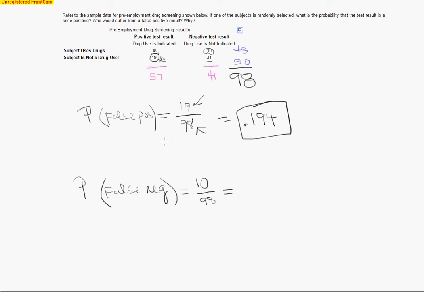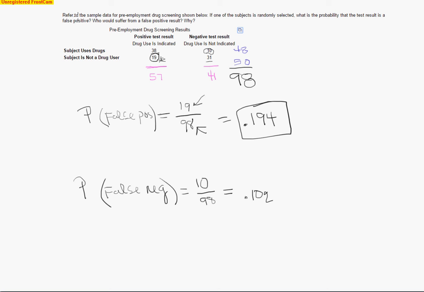And that is a 0.102 result, so about 10%. Up here you have about 19% of people with false positives, and so you might want to be a little wary of your drug test.